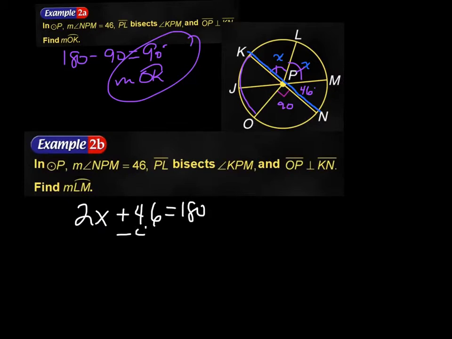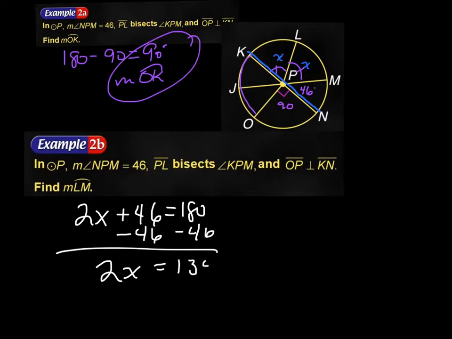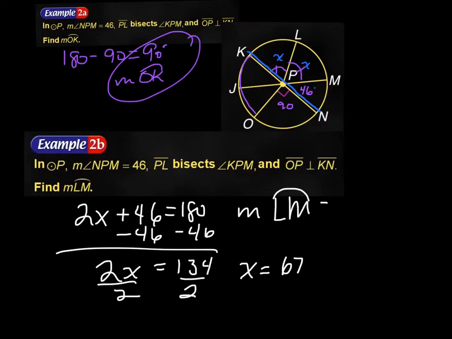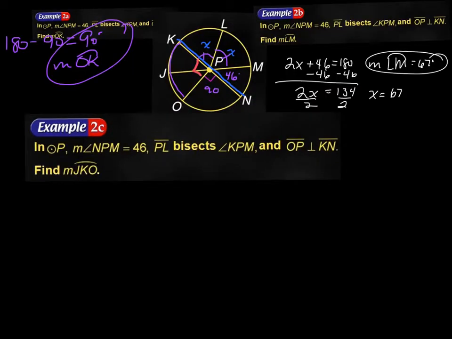And all I need to do is subtract 46 from both sides of my equation. We have 2x equals 180 minus 46, which is 134. And divide both sides by 2, and we get x equals 67. And that was the measure of arc LM. 67 degrees.